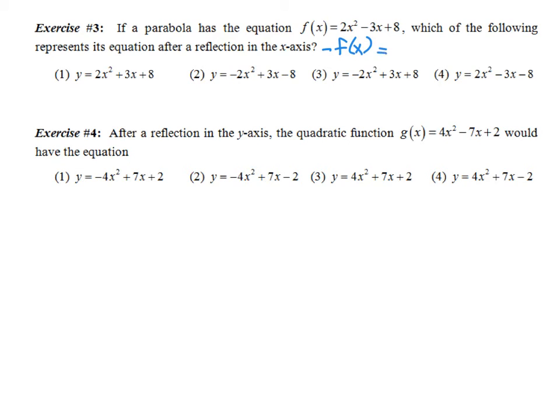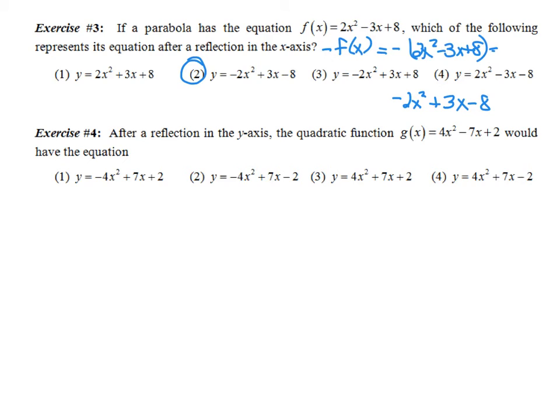So this is just going to be the negation of 2x squared minus 3x plus 8. If I calculate that, I should be getting that my new function is negative 2x squared plus 3x minus 8. So looking for that function, I see that is choice number 2.